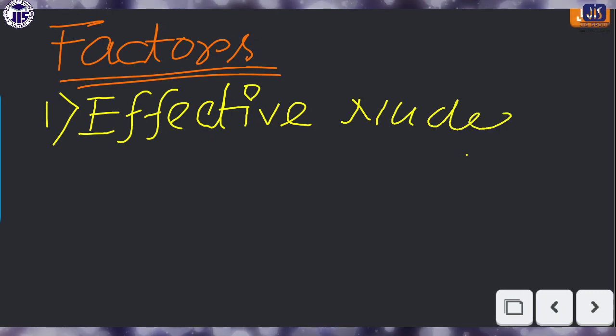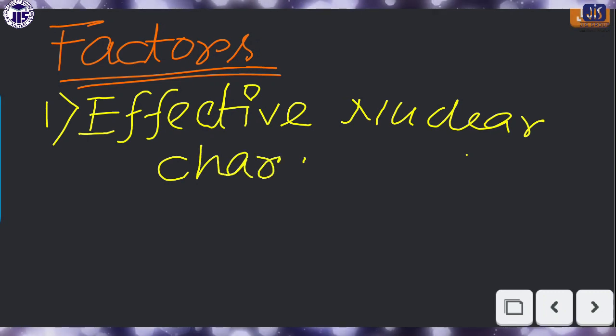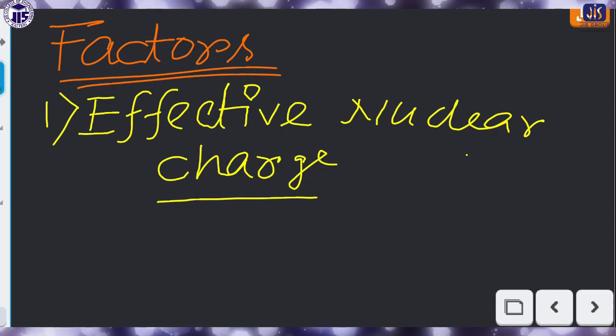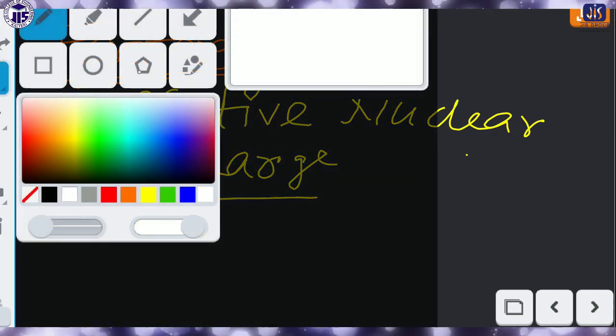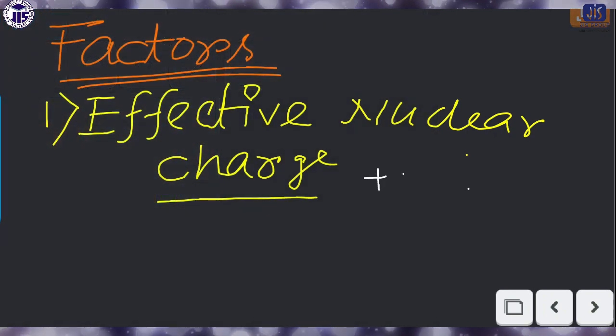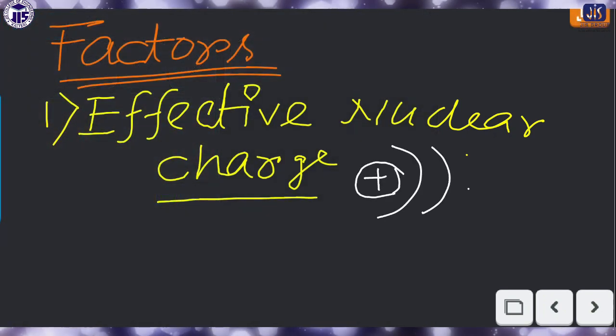Why? Because I just told you in the last slide that nuclear attraction force is the main factor. If the nucleus is unable to attract or hold the last electron, then the attraction force on the last electron determines how much energy will be released from the system.